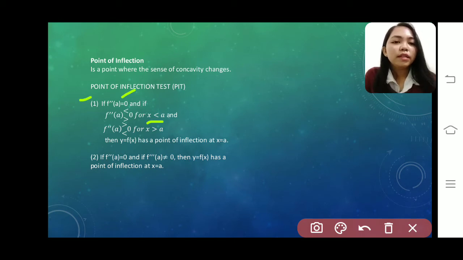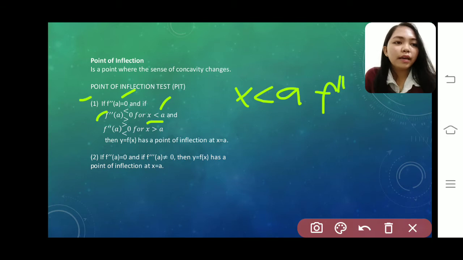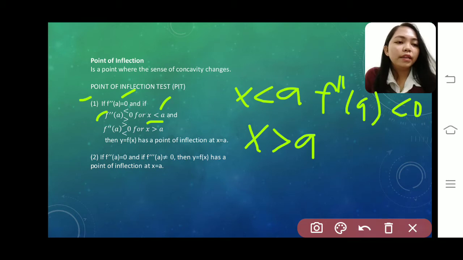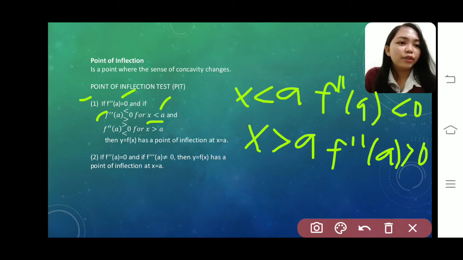Pag nag-consider tayo ng value less than a, let's say for x less than a, ang lumabas na sagot kay second derivative natin is less than 0. Dapat daw ang lalabas na value kapag x greater than a na yung kinonsider natin, dapat mag-i-interchange yung sign. Therefore, dapat greater than 0 naman siya.